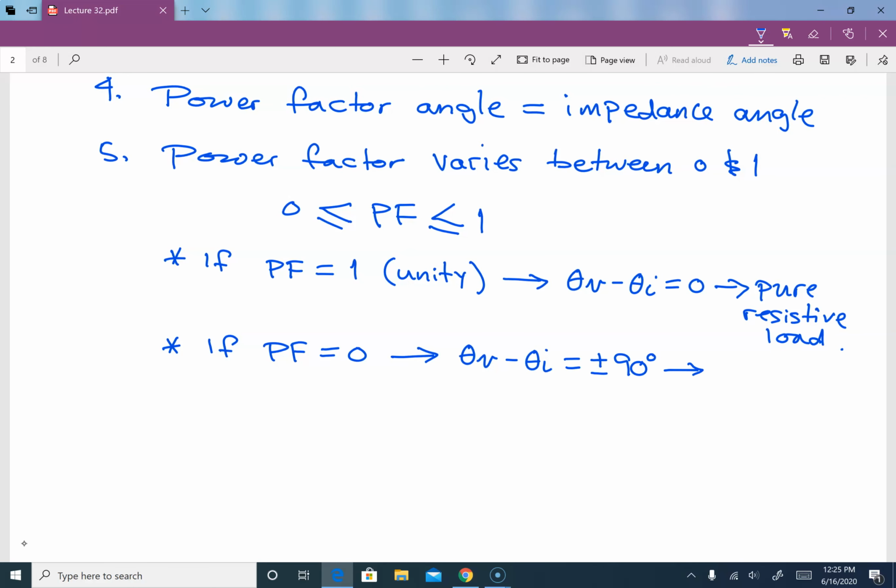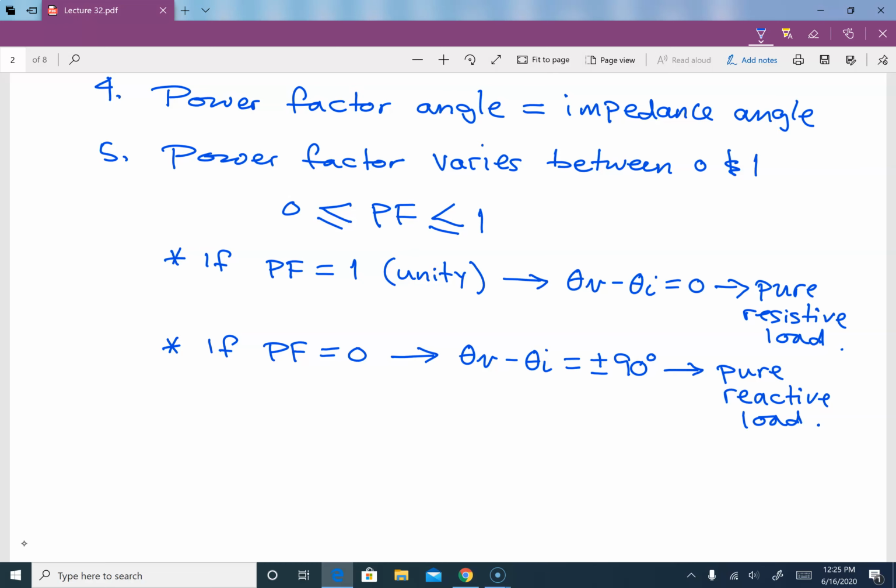And from that, if we have plus 90 degrees or minus 90 degrees, we call it a pure reactive load. When we are saying a pure reactive load, that means the element involved is only L or only C. No R involved in that.